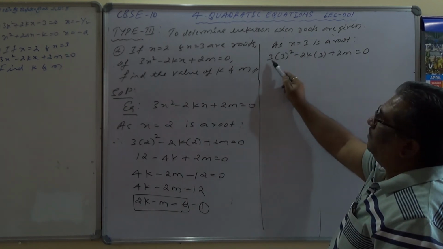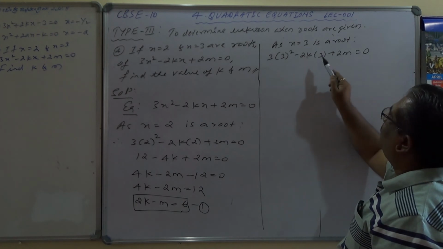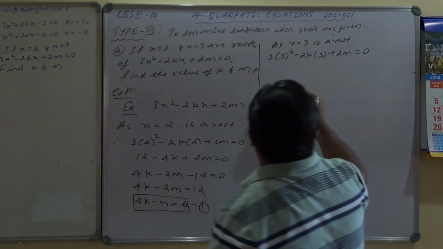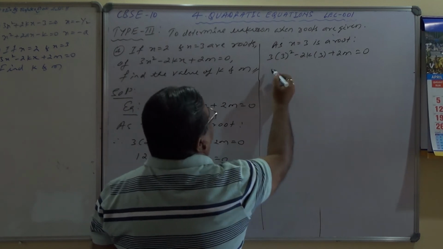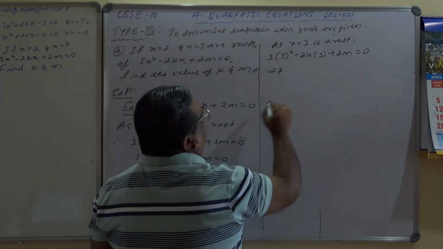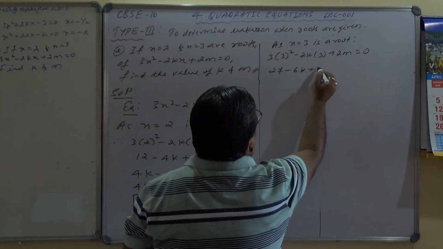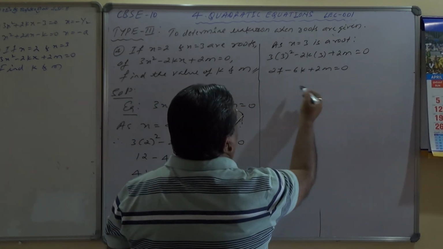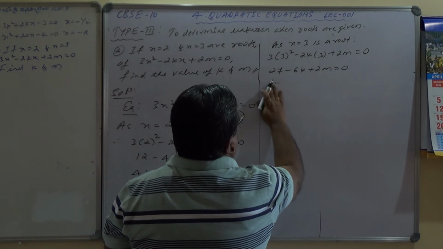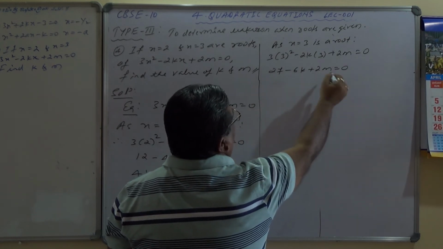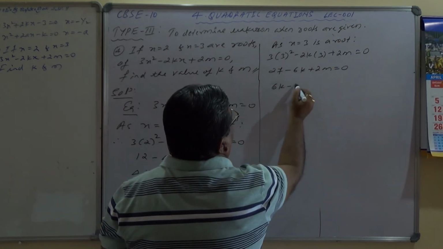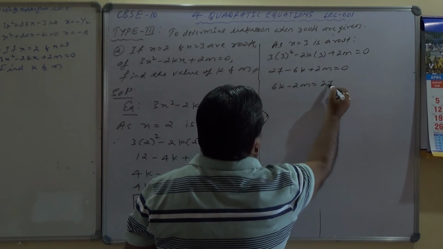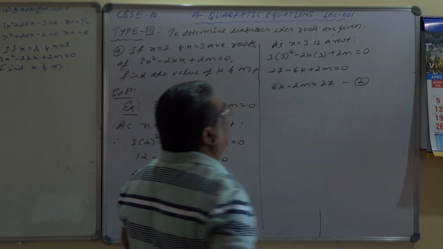So 3 times 3 the whole square minus 2k times 3 plus 2m equals 0, and here it will be 3 threes are 9, 3 nines are 27, minus 6k plus 2m equals 0, or this can be written as, transpose these two that side, 6k minus 2m equals 27. This is equation number 2.